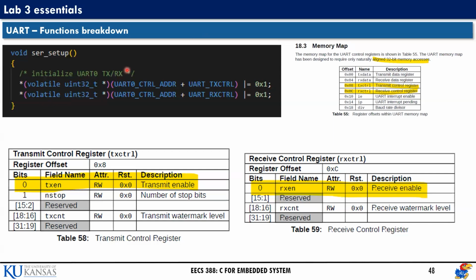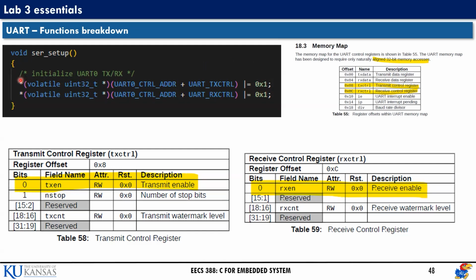So here, what we did in our code, we are simply ORing the value of the control register with 1. Here we have hex 1, that means only one bit is 1. From the OR operation, if we have 0 or 1 on any side and we OR with 1, in the output we will get 1.